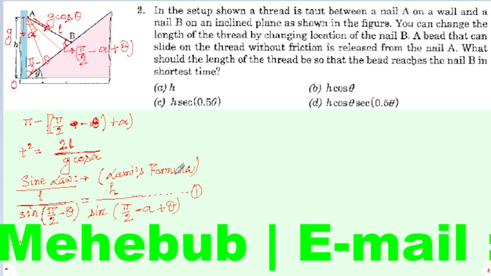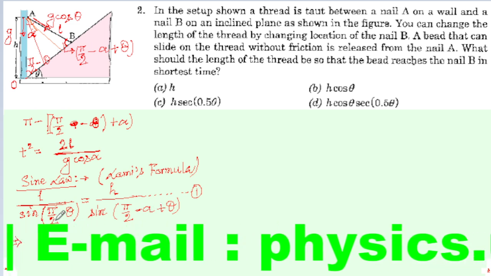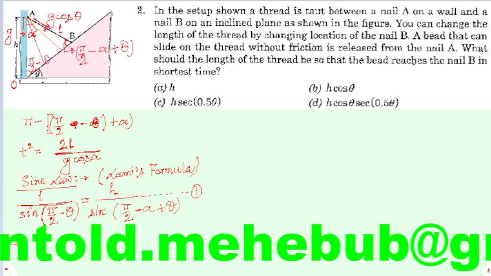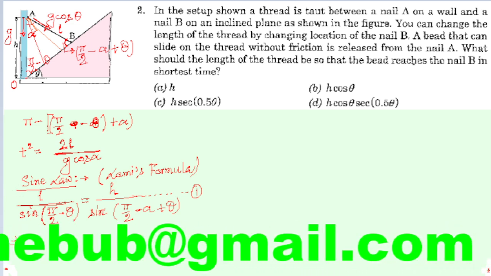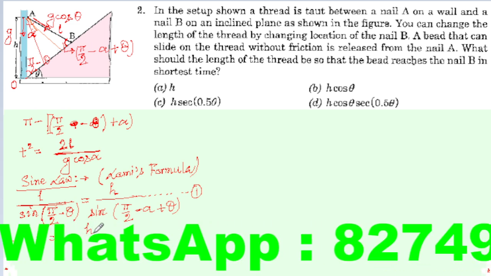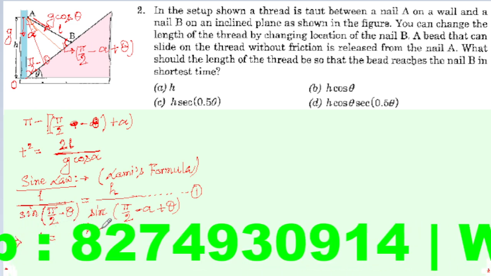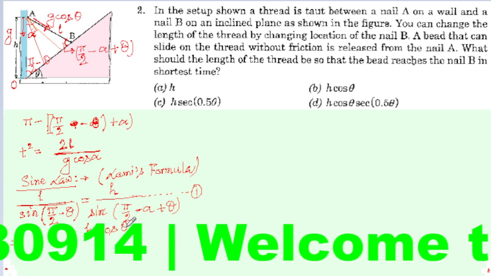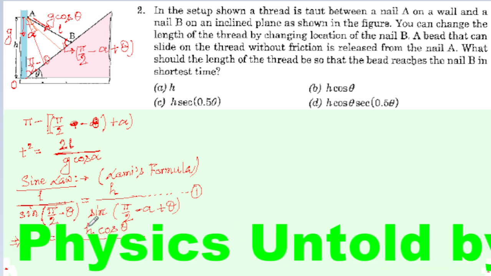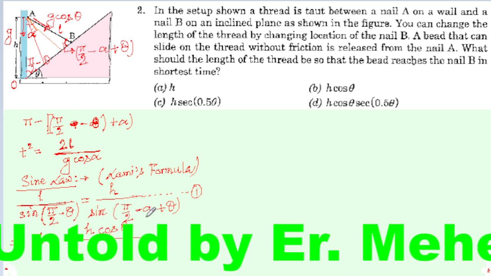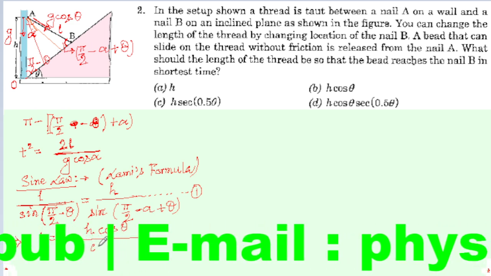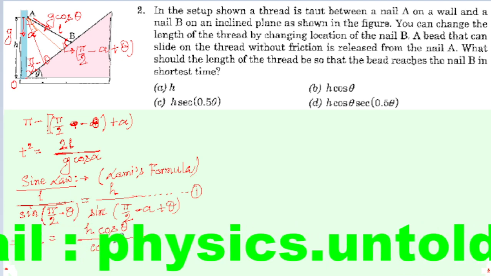First of all, let us find the value of L. So the value of L is equal to H into sine of pi by 2 minus theta, which is equal to cos theta. So L equals H cos theta divided by sine of pi by 2 minus alpha plus theta, which is equal to cos of alpha minus theta.